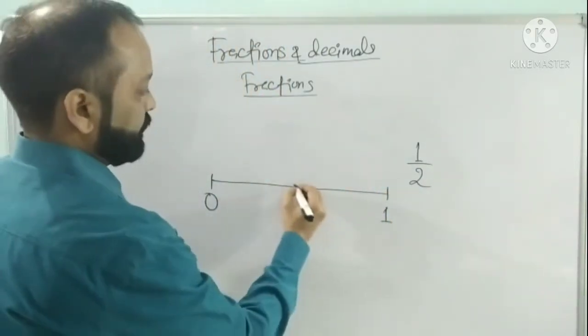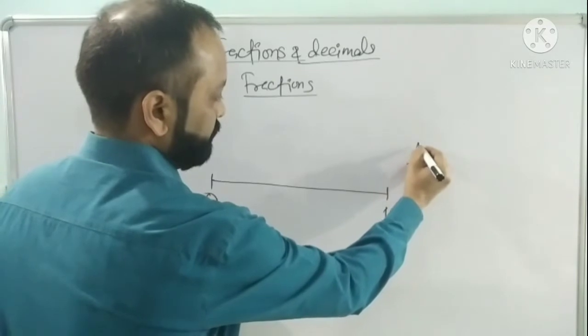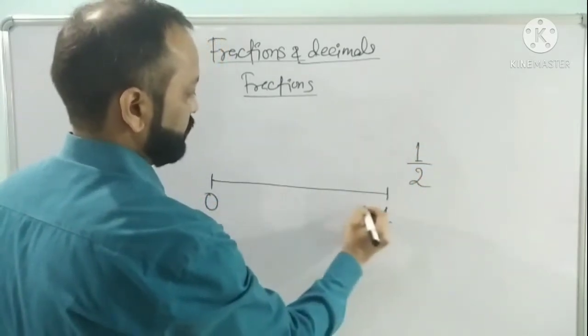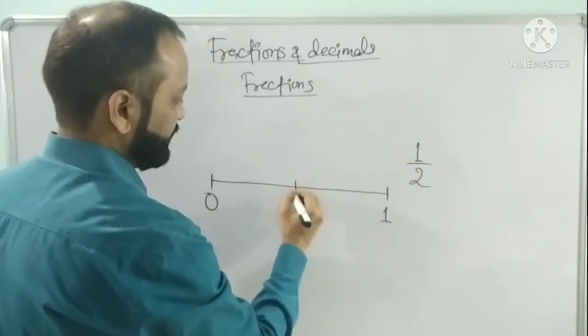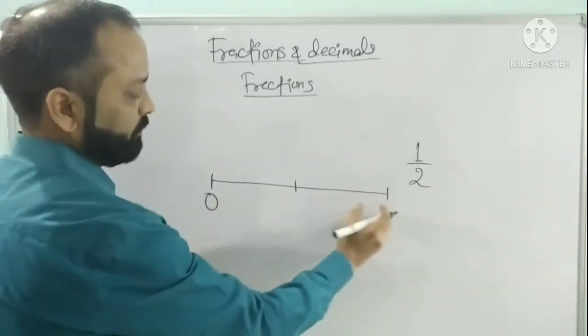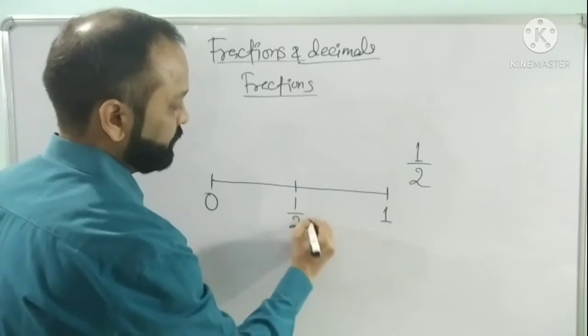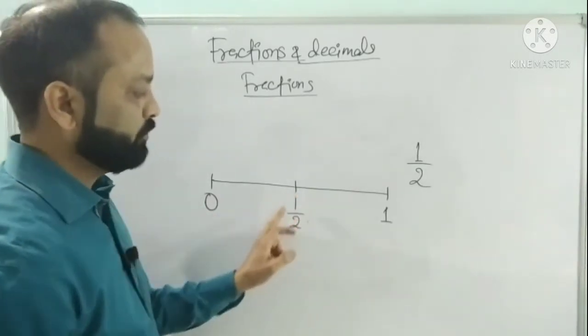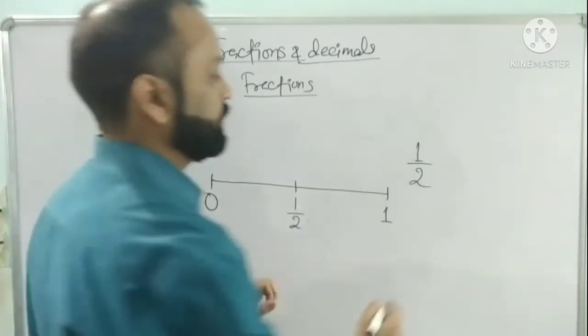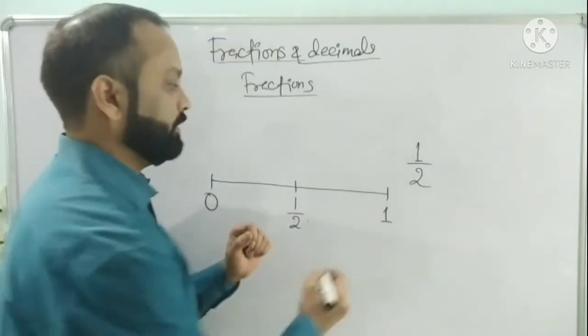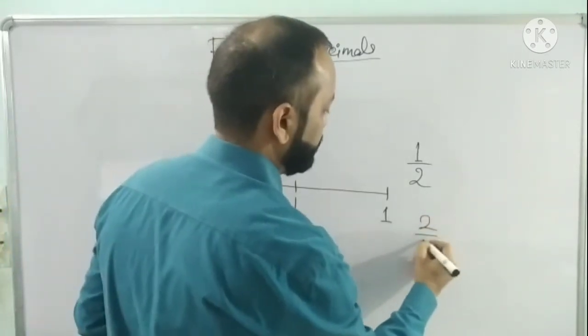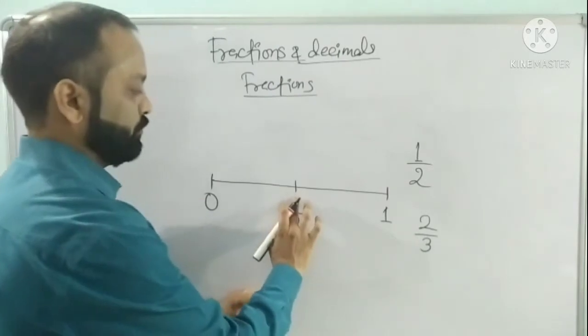Now we need to put this 1/2 on this number line, so this will be the half of 0 to 1, so this is 1/2. So we can put 1/2 like this on the number line. Now let's suppose we are talking about 2/3.